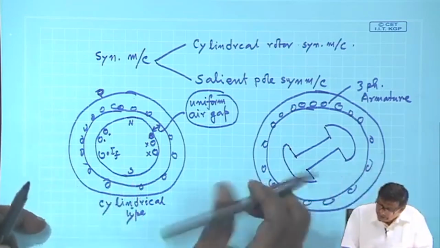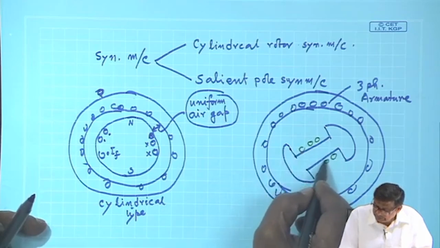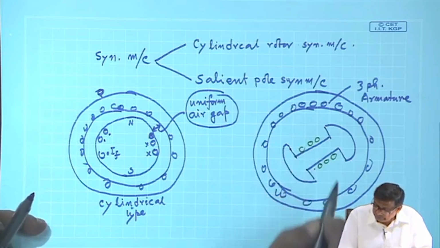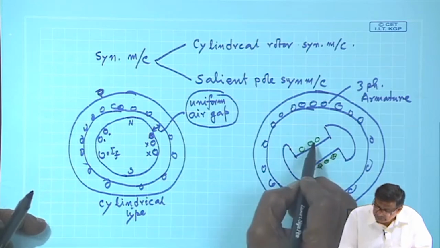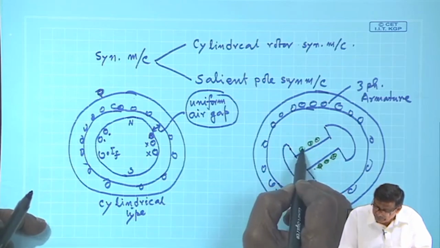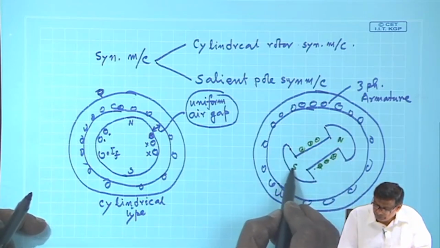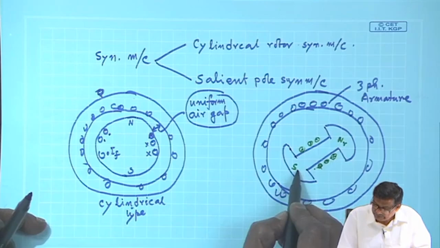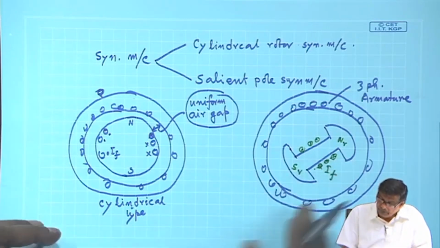And you have coils wound around it like this, so that if this carries cross current, this will carry dot current, then also this will become the north pole and south pole of the rotor, NR and SR, and this is your field current If.